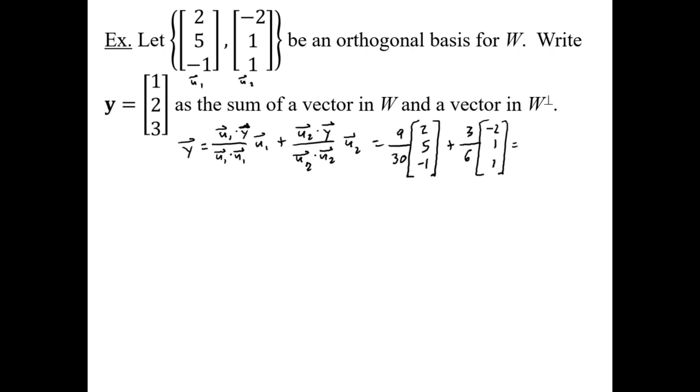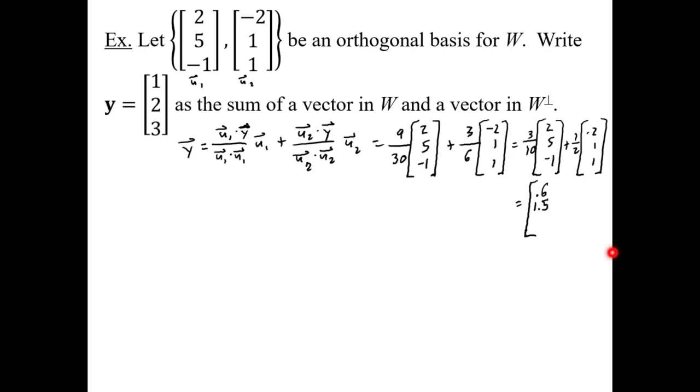Okay, let me simplify this a bit before we come up with an answer here. This would be 3/10 times 2, 5, negative 1 plus 1/2 times -2, 1, 1. Okay, and just in this case, I think it's going to be more convenient for us to work with decimals rather than fractions. So we got 0.3 times 2 would be 0.6. 0.3 times 5 would be 1.5.